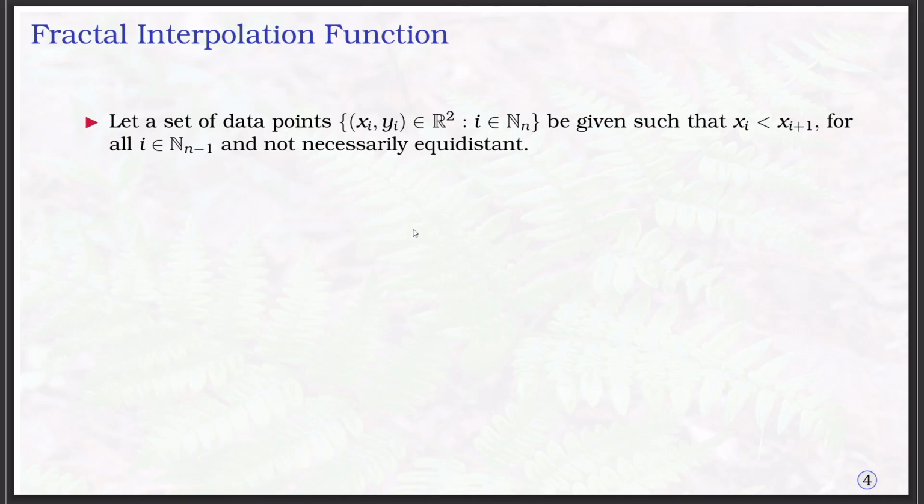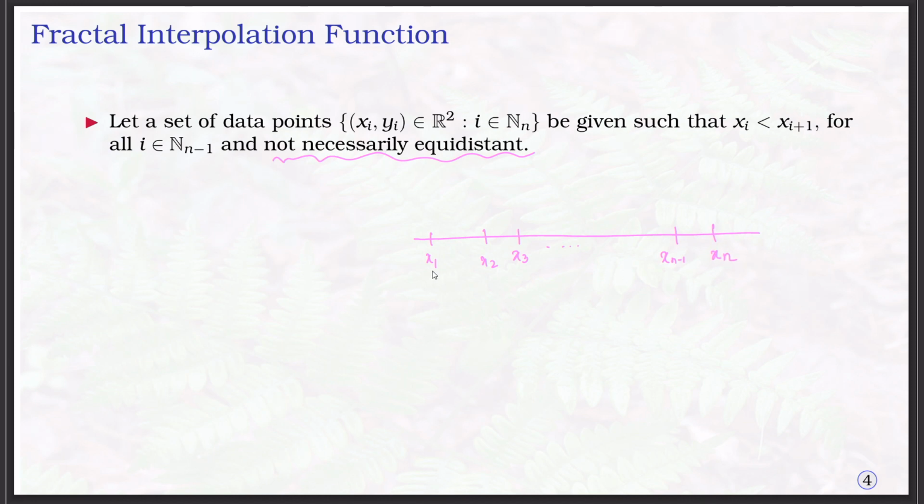Suppose we have the interval like this, x1, x2 strictly increasing, whereas if you find the distance between xi minus 1 and xi plus 1, it need not be equal. So x1, maybe x2 here, x3 here and so on. This is xn minus 1, this is xn.